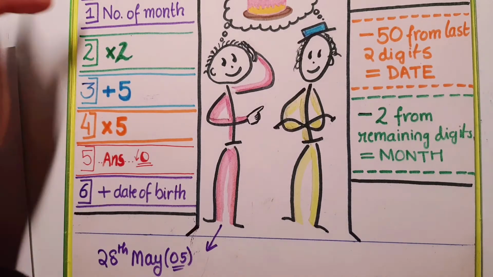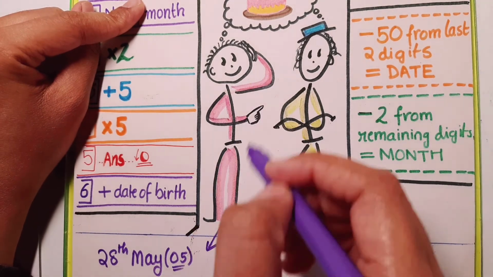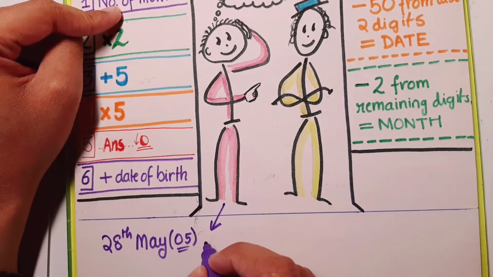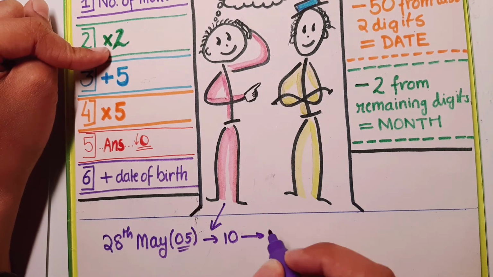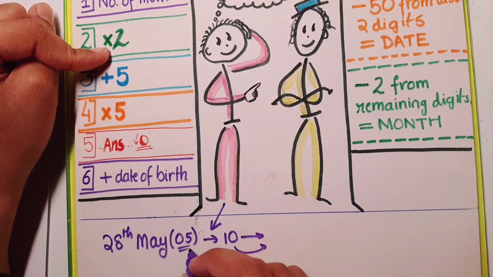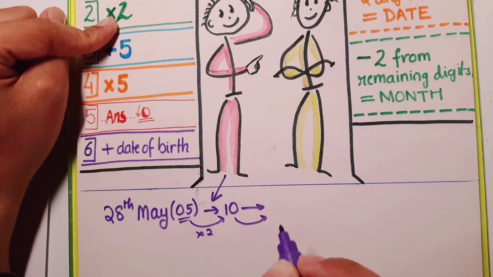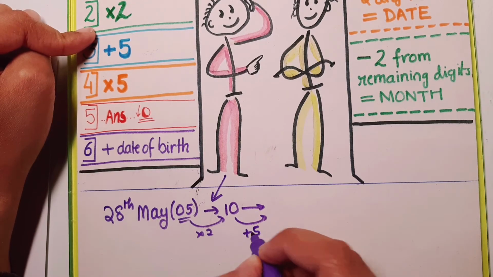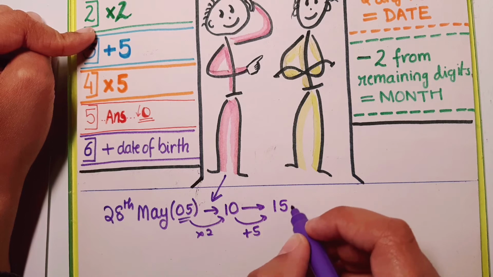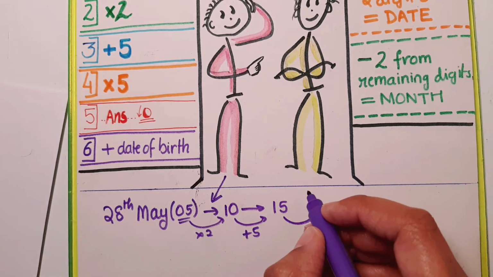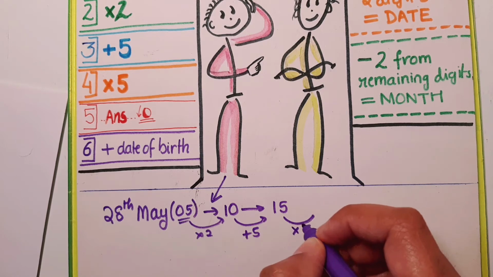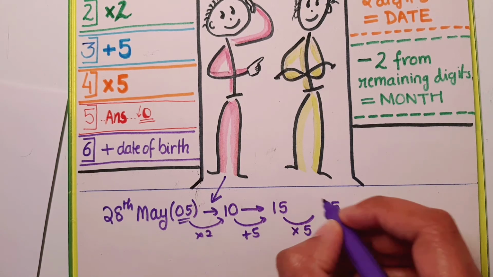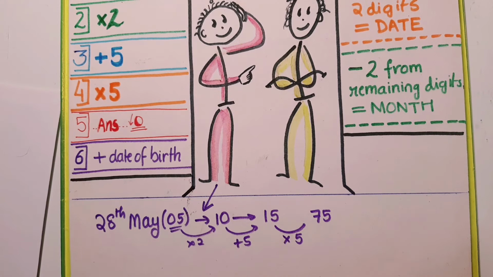We ask them to take the number of the month, double it, so then that would be 10. Then we're going to add 5 to it, so then we get 15. Then we multiply it by 5, so that would be 75, right?